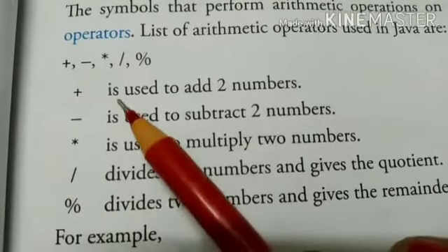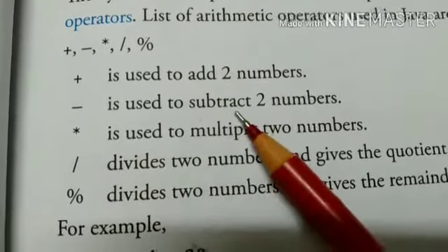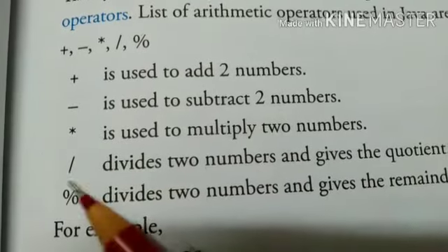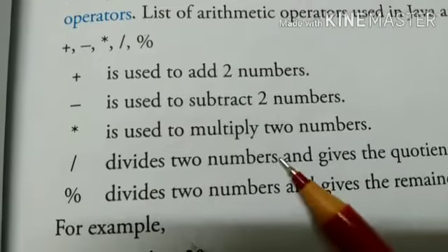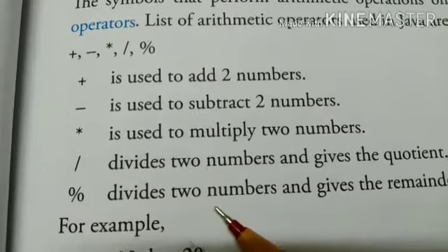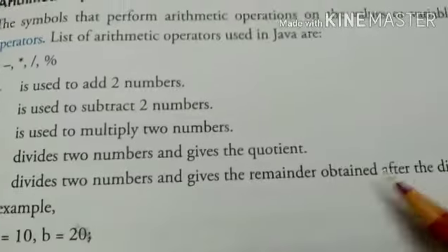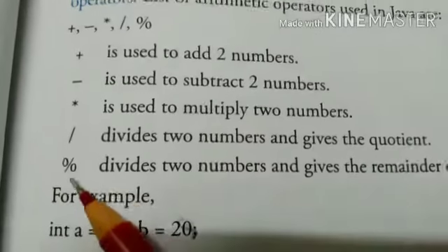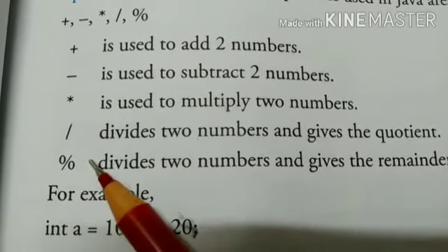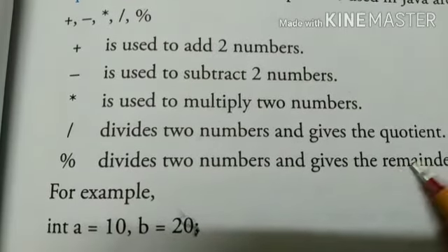The addition sign is used to add two numbers, then subtraction to subtract two numbers, multiply, that is asterisk, to multiply two numbers, then divide two numbers and give the quotient, and the percentage symbol finds the remainder: it divides two numbers and gives the remainder obtained after the division. For example, 30 percentage 7: 7 4s are 28, so 2 is the remainder, so it will give the value as 2.